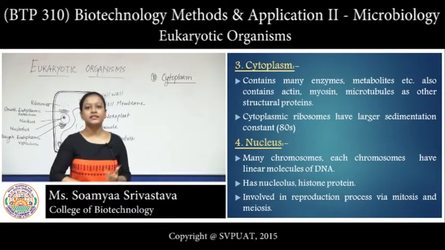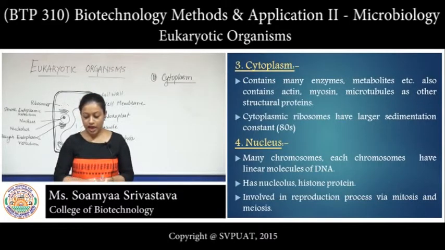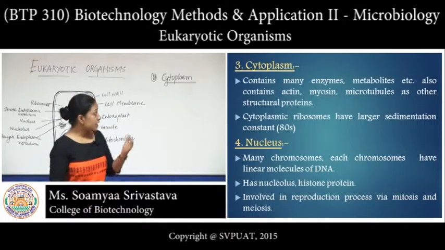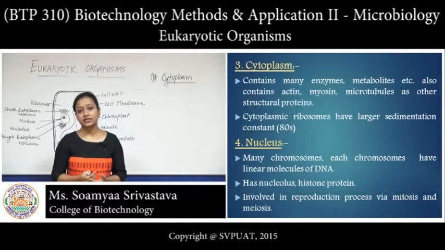Now let us discuss the cytoplasm. The cytoplasm is a fluid matrix inside the cell wall and the cell membrane, which contains a lot of enzymes, metabolites and various proteins like actin, myosin and other structural proteins. All the organelles are suspended inside it.